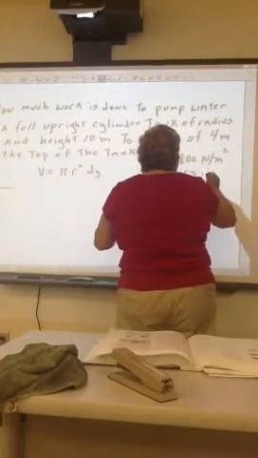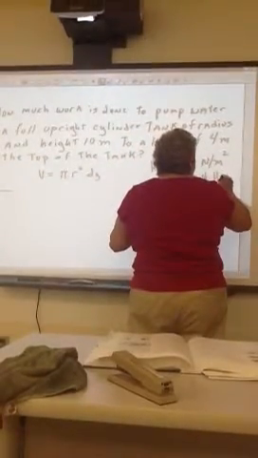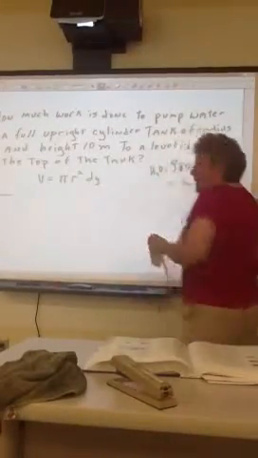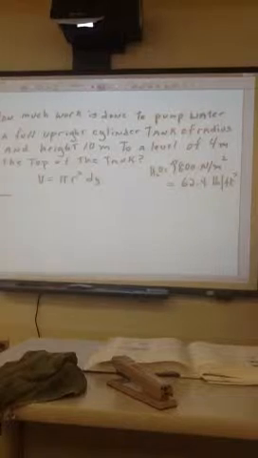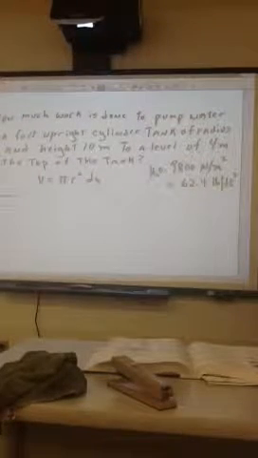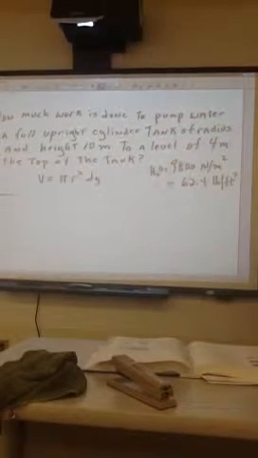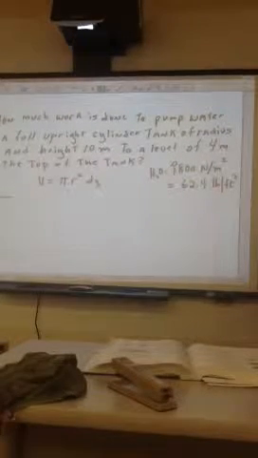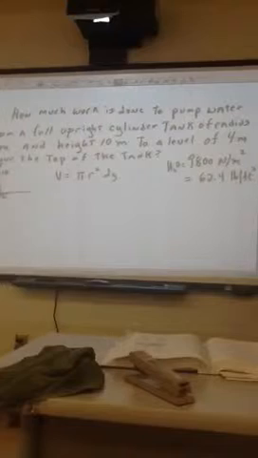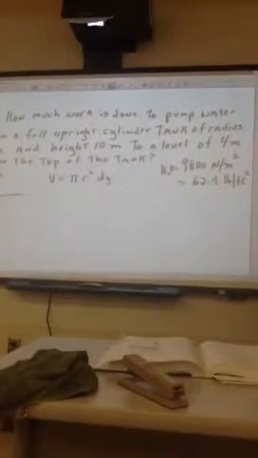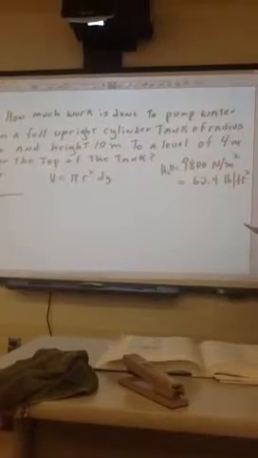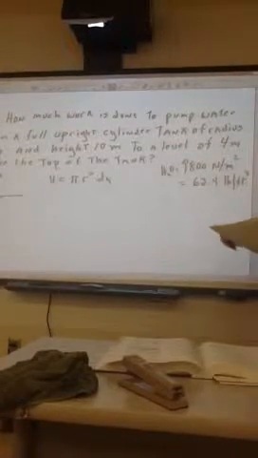Just tuck it in with your notes. That's pounds per cubic foot, 62.4 pounds per cubic foot. Memorize this number? No. But if you come up with another one you need, you should be able to Google it and find it, okay, I think. But these are the 2 main ones that people use.